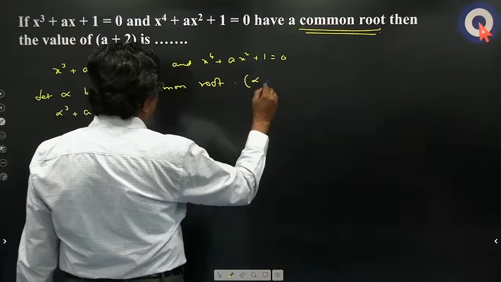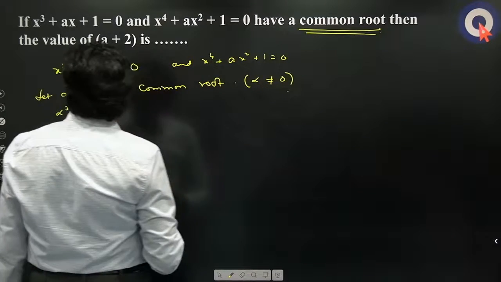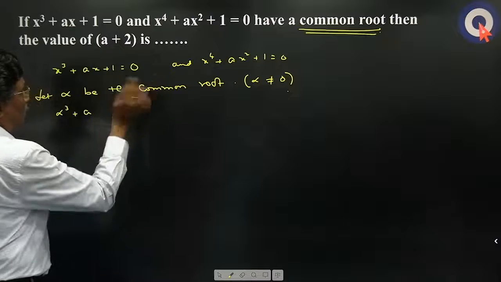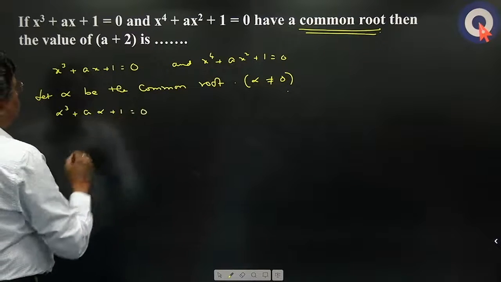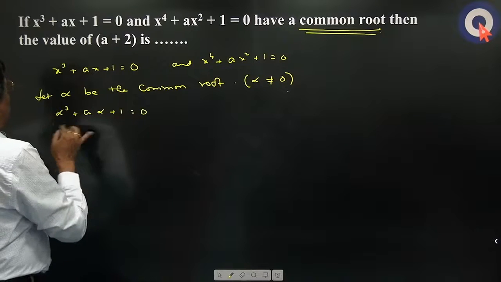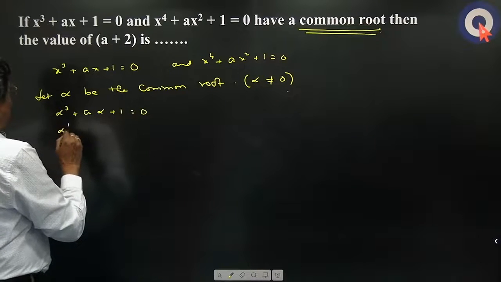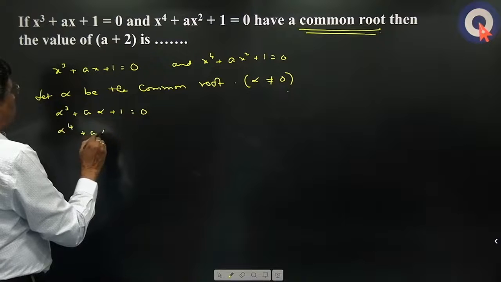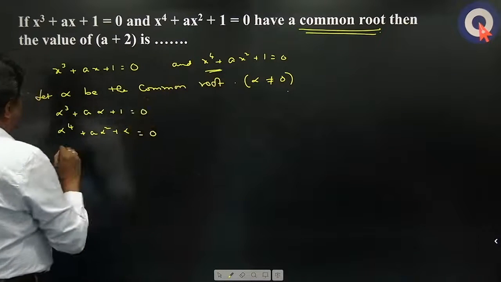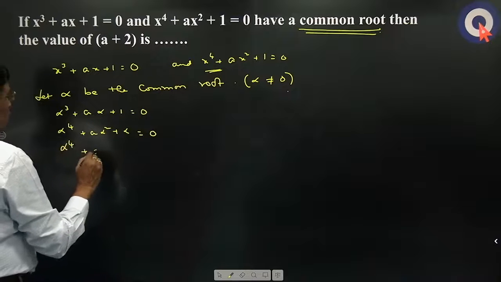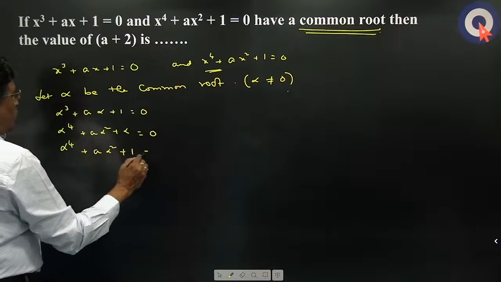We can say alpha cannot be equal to 0, because 0 cannot be a root of any of them. So alpha cube plus a alpha plus 1 is equal to 0. Okay. So if I multiply this with alpha, alpha power 4 plus a alpha square plus alpha is equal to 0. And for this equation, it is alpha power 4 plus a alpha square plus 1 is equal to 0.